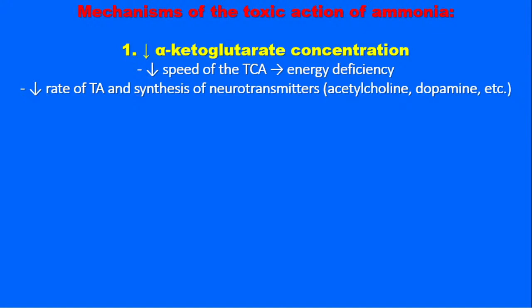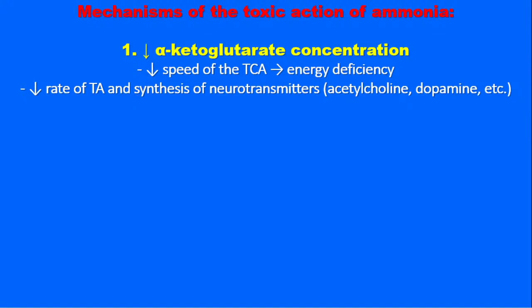Then the rate of transaminase action and the synthesis of neurotransmitters like acetylcholine and dopamine, which require free keto acids, will also be depleted. These two sub-reasons are combined with the decreased alpha-ketoglutarate concentration. So there is energy deficiency and a problem in the synthesis of neurotransmitters.